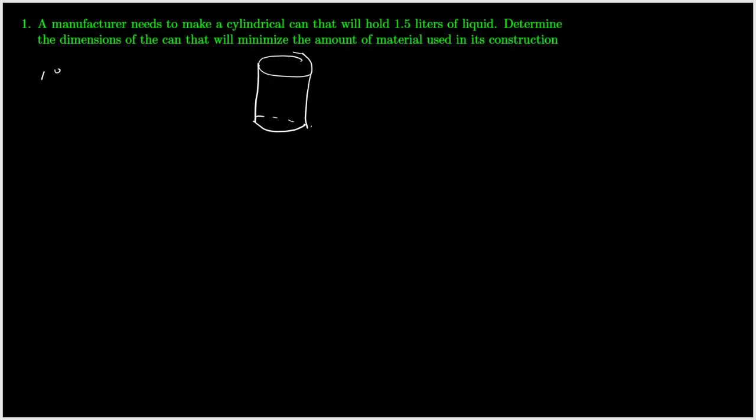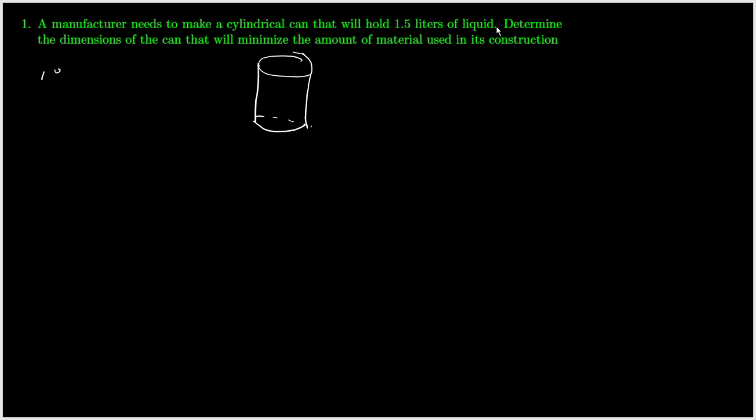So this time you have a closed cylinder. By that we mean there's a top cover, and there's a bottom cover, of course. So we're done with step 1. The only condition you know is the volume. You want the cylinder, the can, to hold 1.5 liters of liquid. That's the only condition.